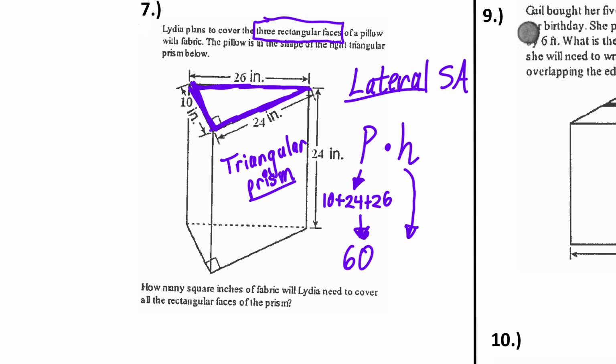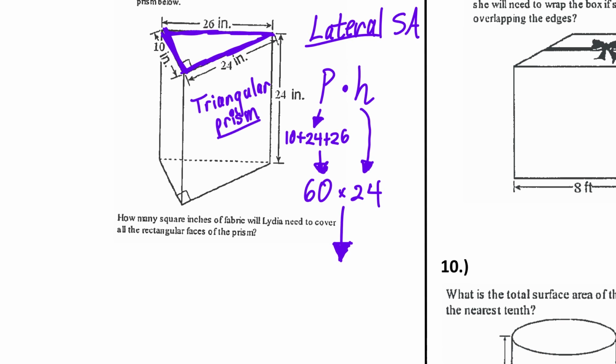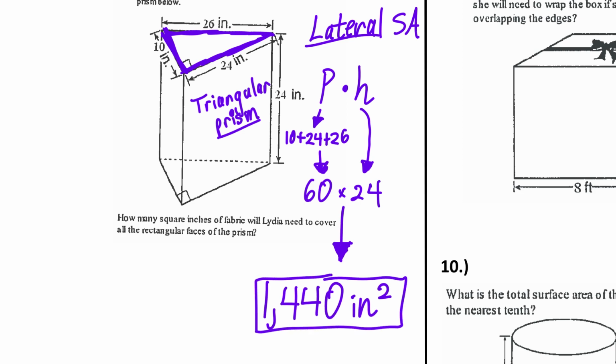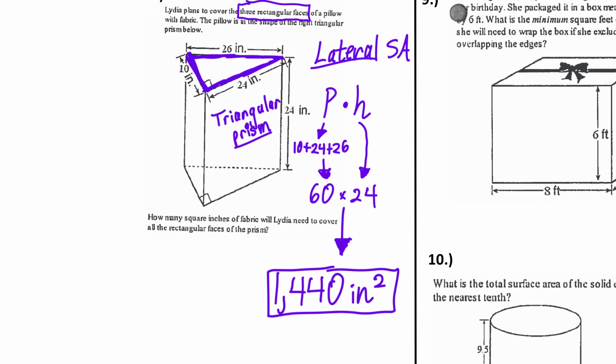And then what's the height of this prism? 24. What does that give you? 1440.